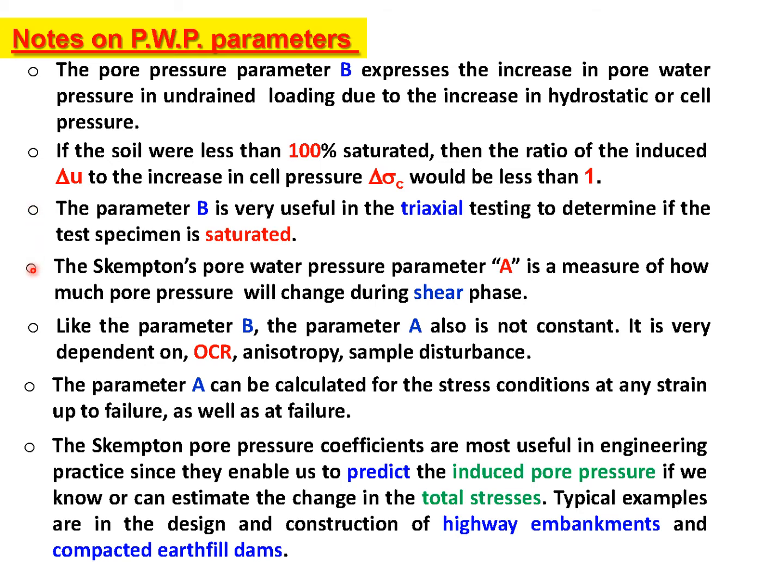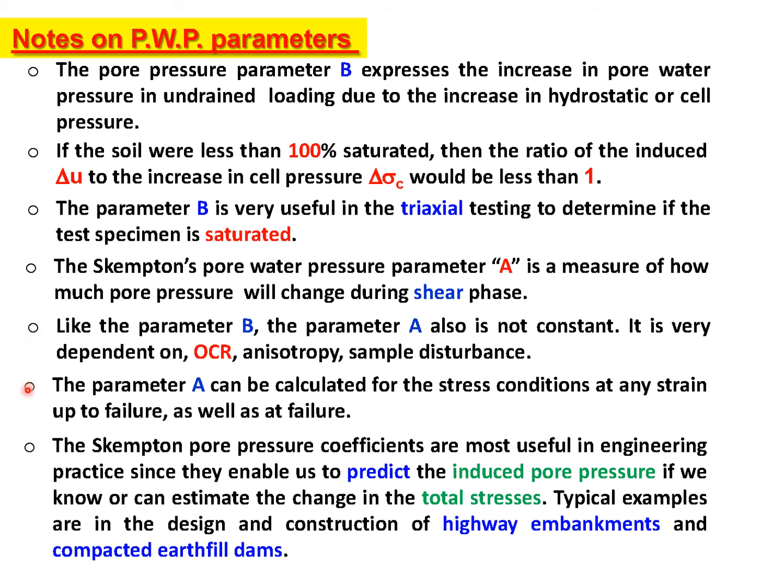The Skempton's pore water pressure parameter capital A is a measure of how much pore pressure will change during the shear phase. Like the parameter B, the parameter A also is not constant. It is very dependent on OCR, overconsolidation ratio, and on sample disturbance.